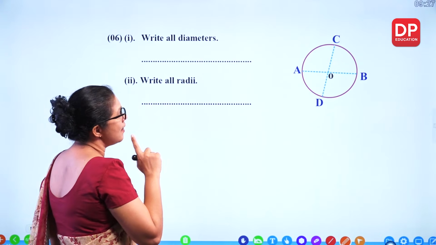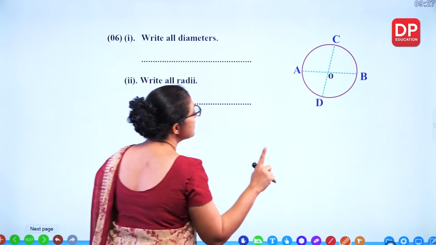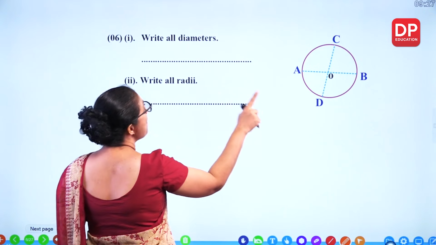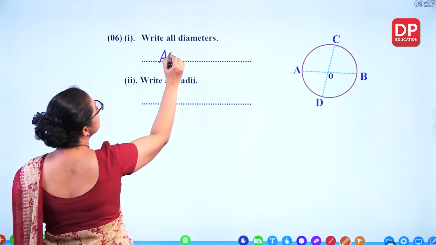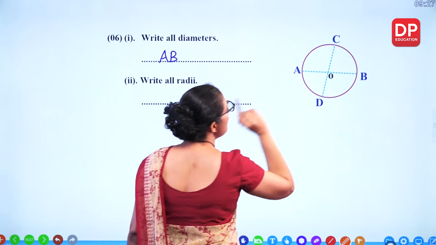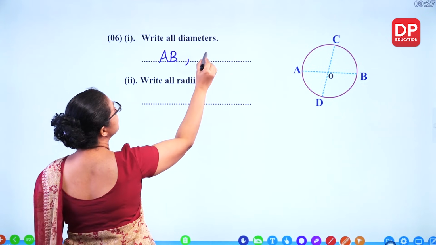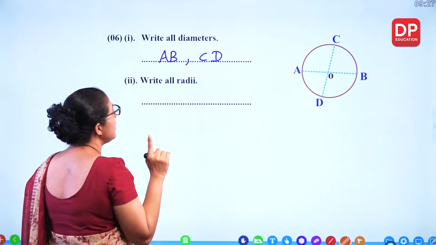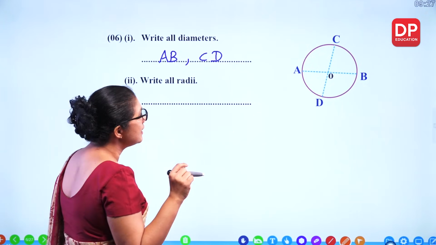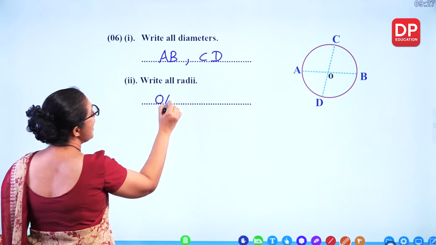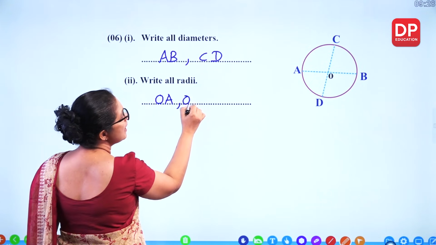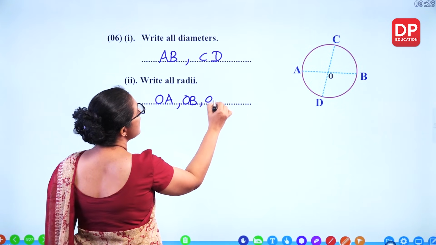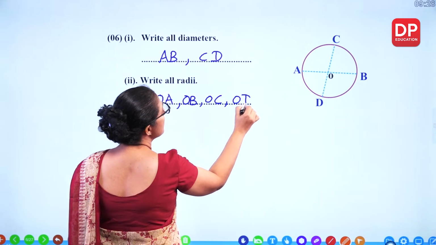Diameters means a line that passes through the center. AB. Here to here, AB and CD. And write all radii. You can write OA, OB, OC, OD.